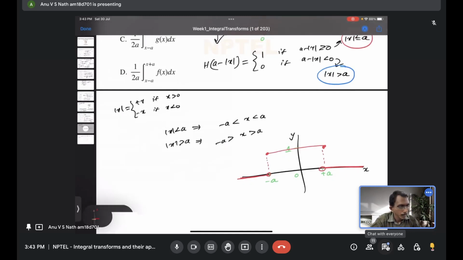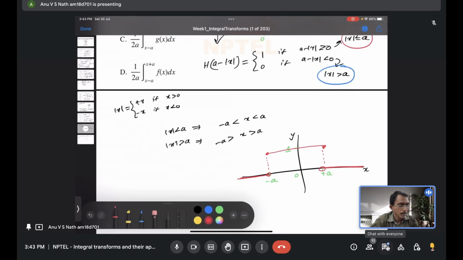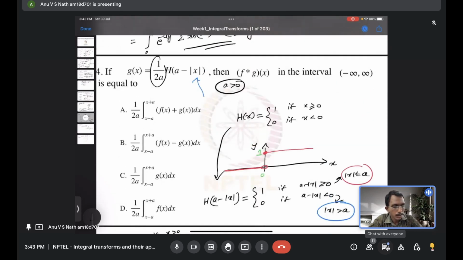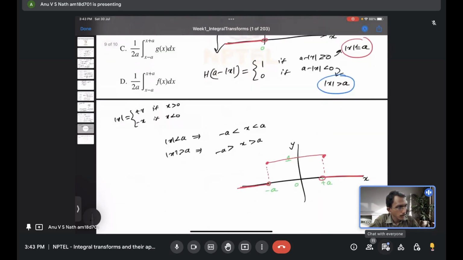So this is the function which is given, with a scaling factor. The function given has 1 by 2a as a scaling factor, but still it will look like a rectangular function. This is usually known as a top hat function, because it resembles a top hat.